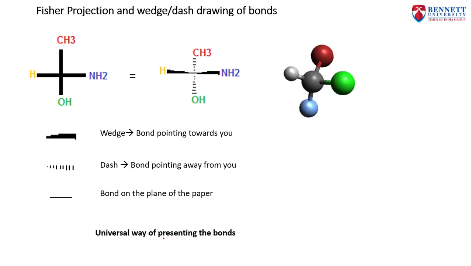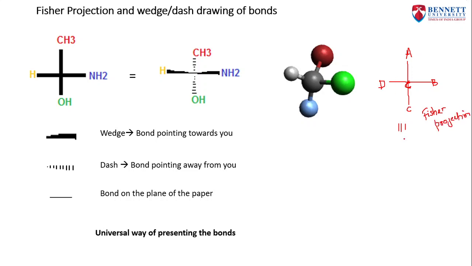Fischer projection was invented by the scientist Fischer, who is one of the pioneers of stereochemistry. This particular type of arrangement is called a Fischer projection, a particular way of drawing. So if you have A, B, C, D present around a carbon, this traditional way of drawing is called the Fischer projection.